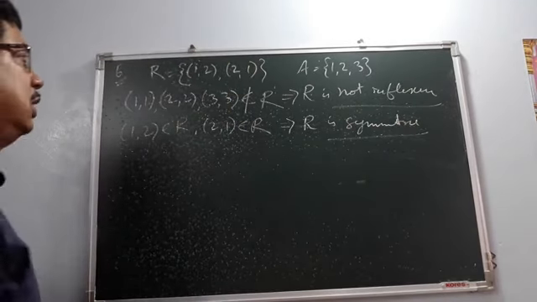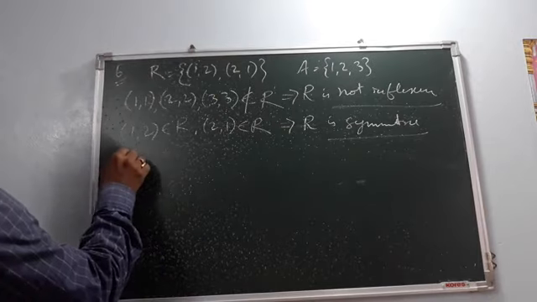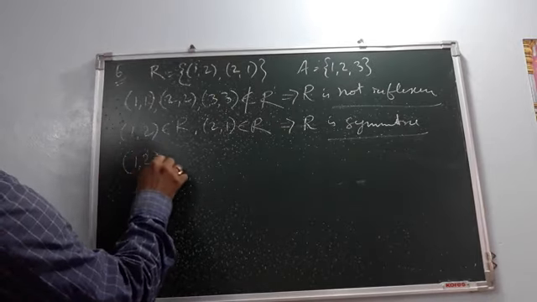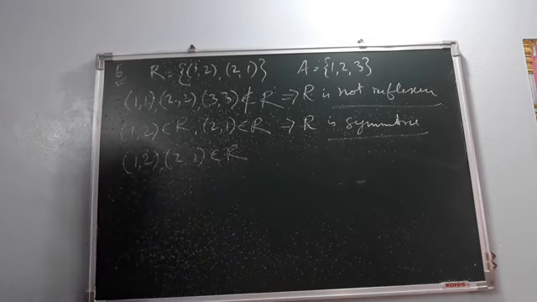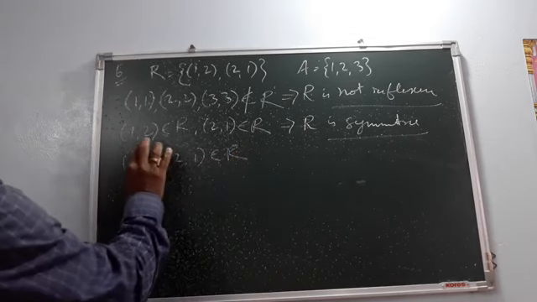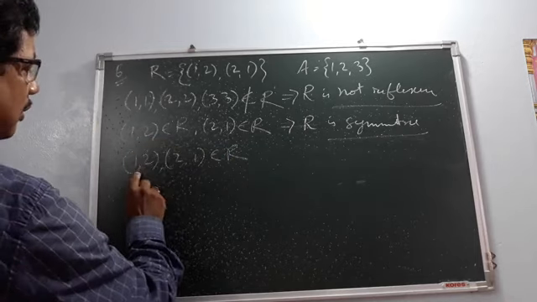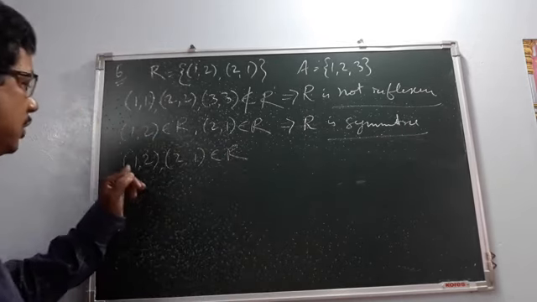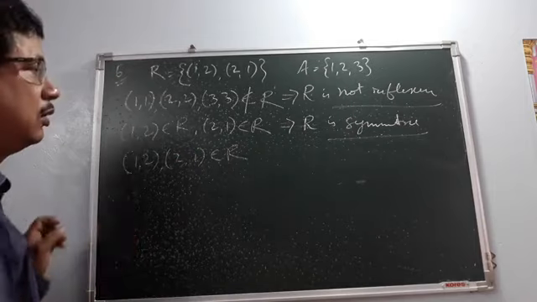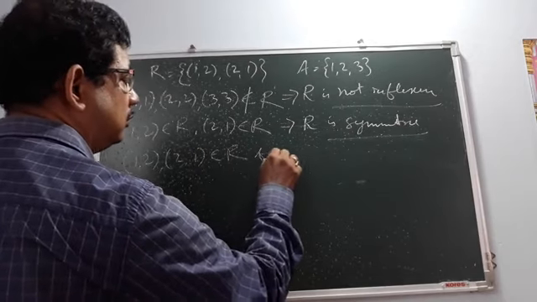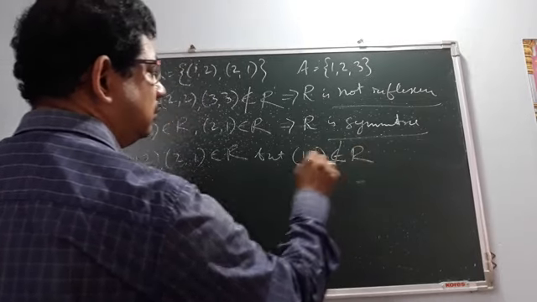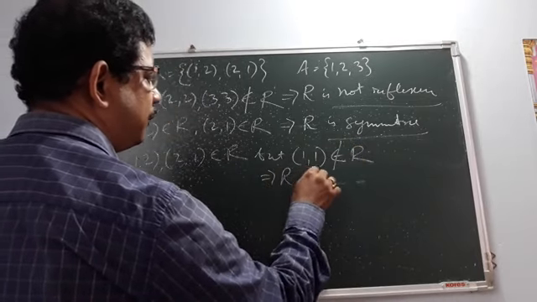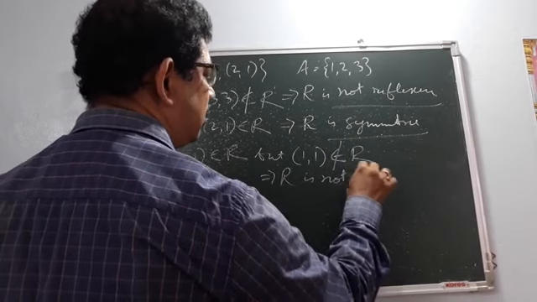Now (1, 2) and (2, 1) belong to R. You find these are identical. So for transitivity, (1, 1) should be within R. But (1, 1) is not within R, implies R is not transitive.